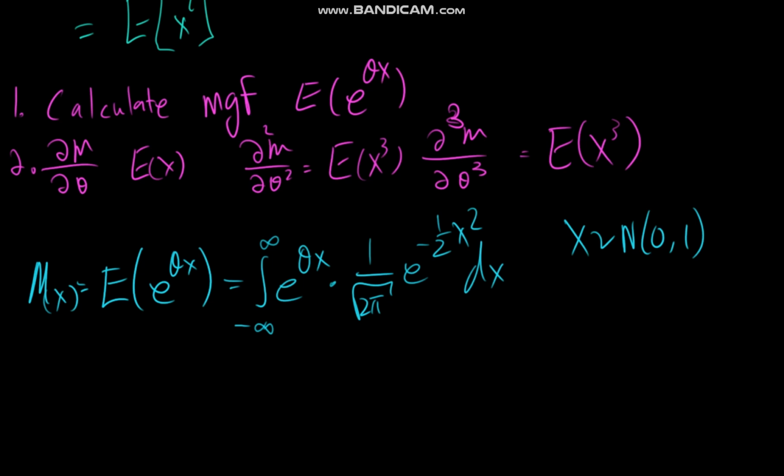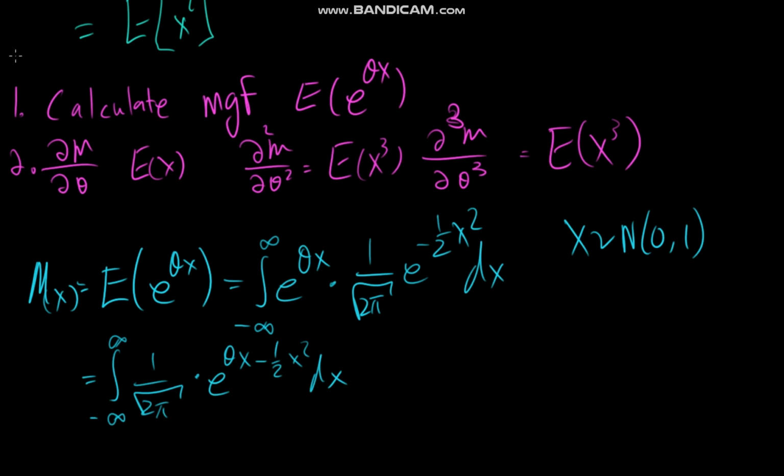So we know that we can write this as the integral from minus infinity to infinity of 1 over square root of 2 pi times the exponential of theta x minus 1/2 x squared dx.